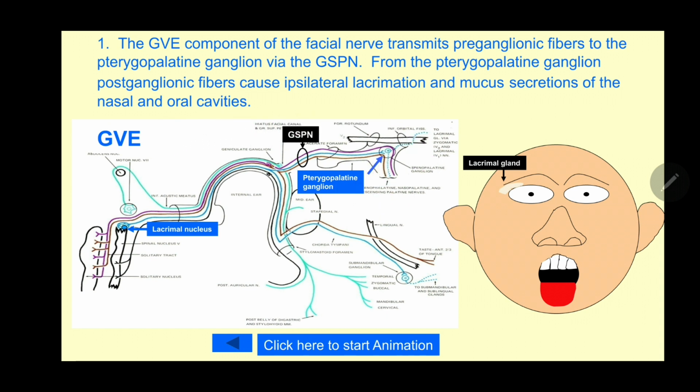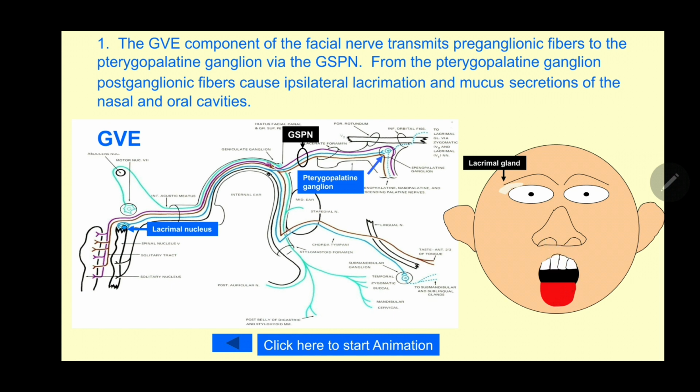So once again, from this ganglion, the postganglionic fibers via maxillary, zygomatic, then zygomaticotemporal will communicate to the lacrimal nerve and will cause lacrimation.